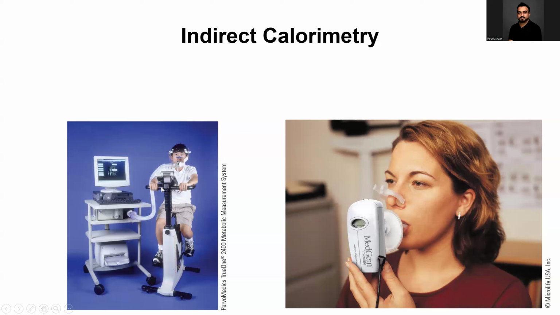This device measures the gas exchange, the amount of oxygen consumption and carbon dioxide production. The amount of oxygen consumption or carbon dioxide production is also proportional to the amount of energy expended.